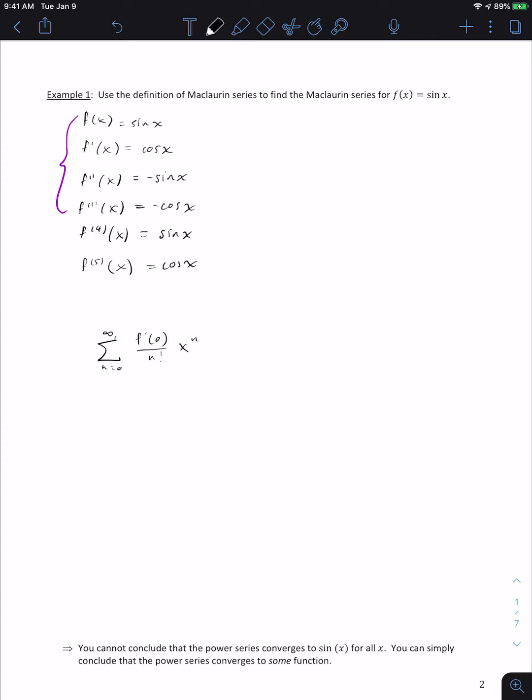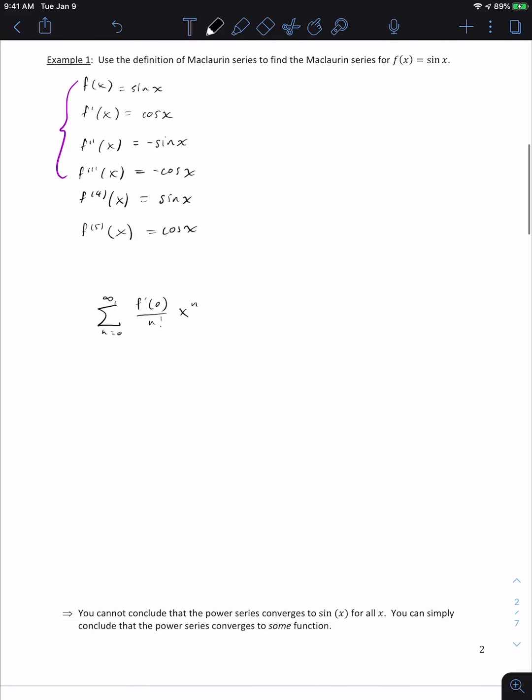Okay, and then what do we need for the formula? We need to plug in 0 at all these functions, right? So f of 0 is sine at 0. Sine at 0 is 0. F prime at 0 is cosine of 0, but cosine of 0 is 1. F double prime at 0 is negative sine at 0. Sine at 0 is 0, so this is 0.